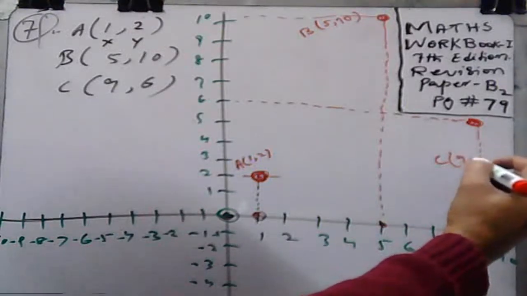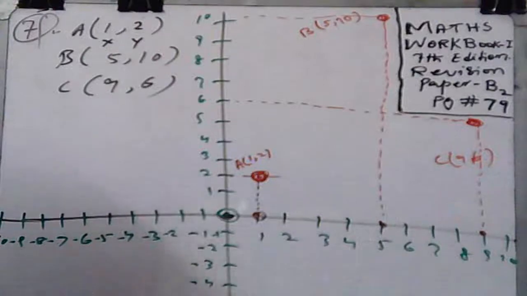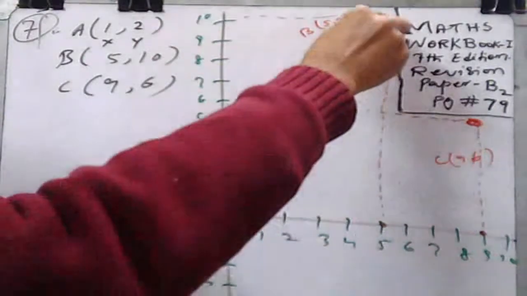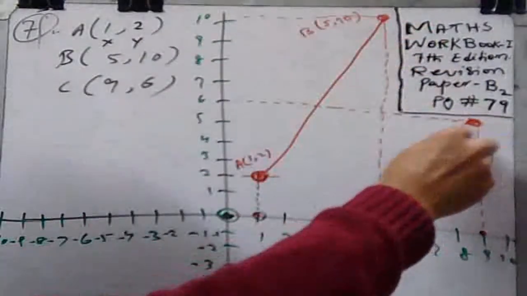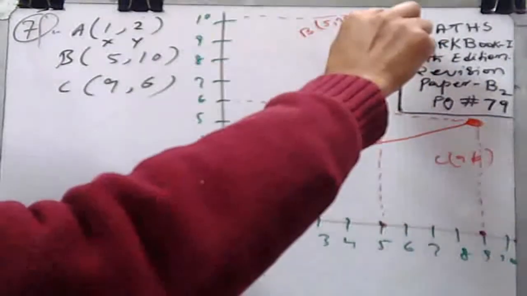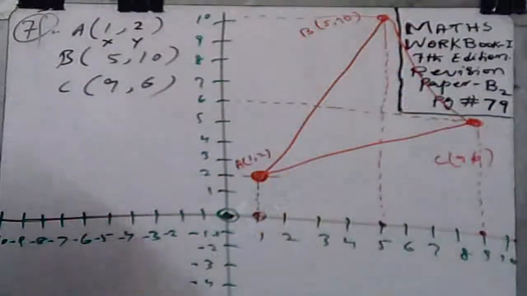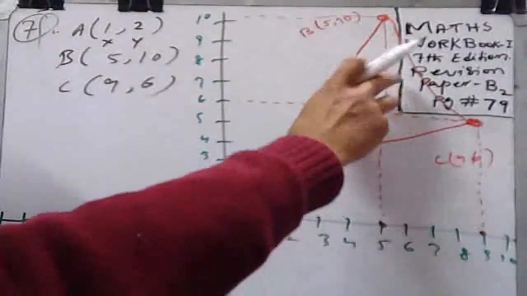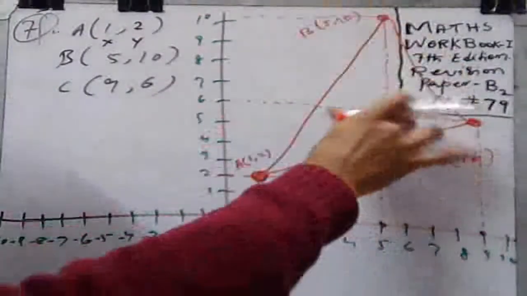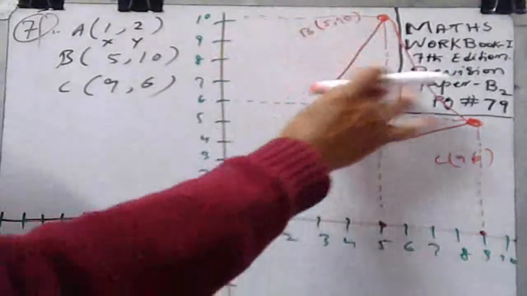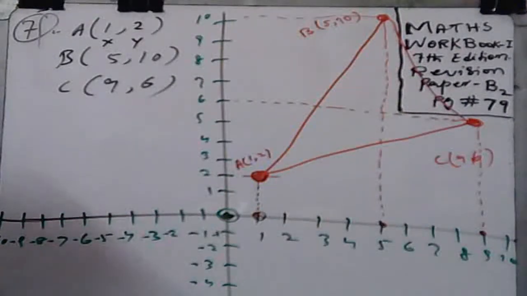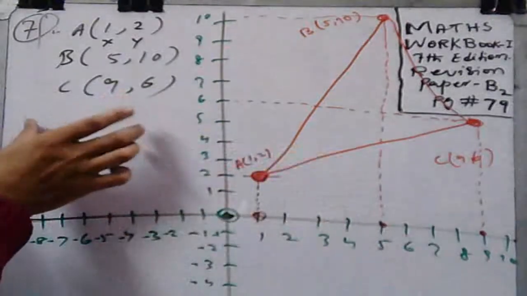Join these points, this one and this one, this one and this one. You can see here we have a triangle ABC. So we have to show the points and draw the triangle. That is your required triangle, drawn from the given points on graph paper.